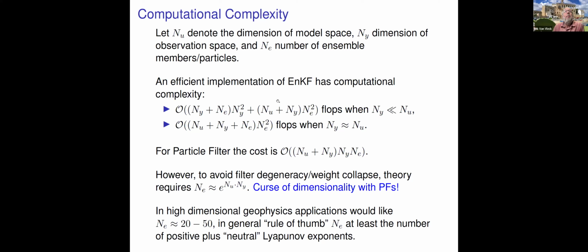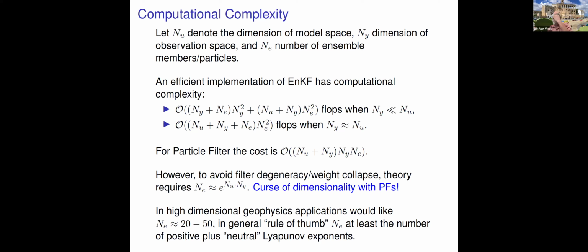What I'm really hoping to avoid is something that has a big multiplier on N_U. Typically, N_U is the biggest of these three dimensions. So if we can cut the N_U or the N_Y, then we can make this a lot more efficient.